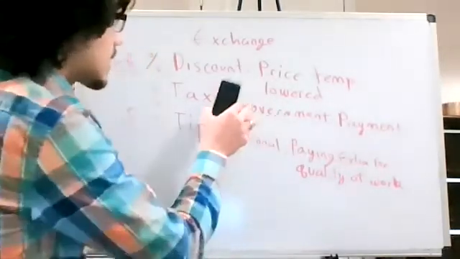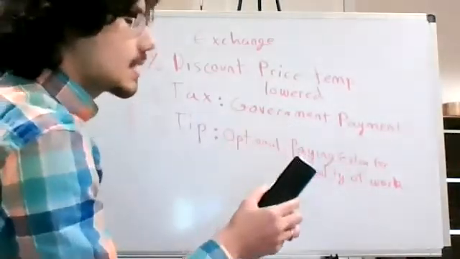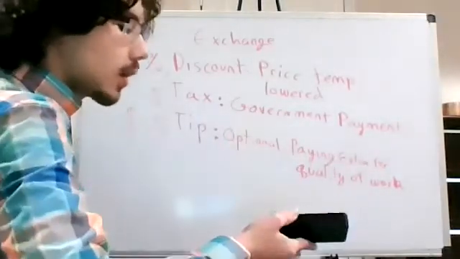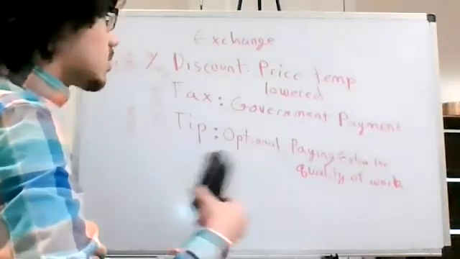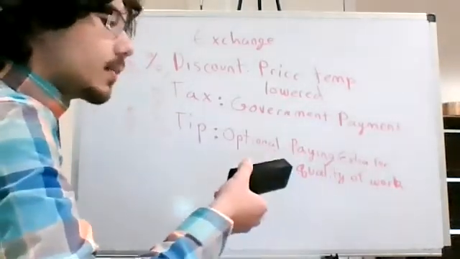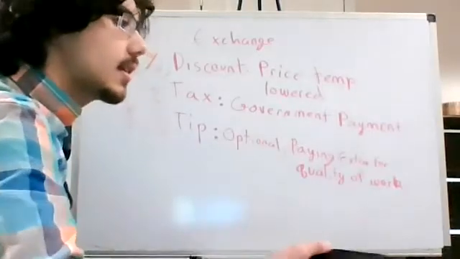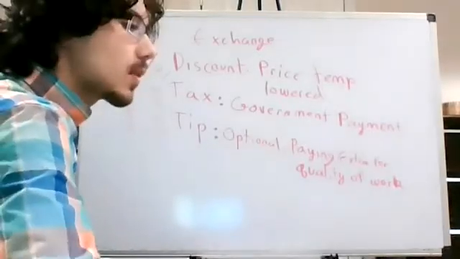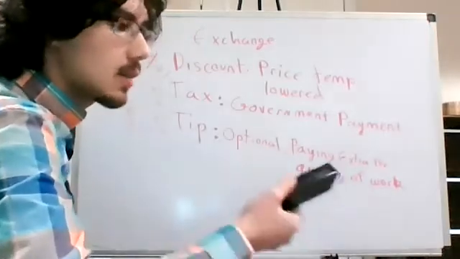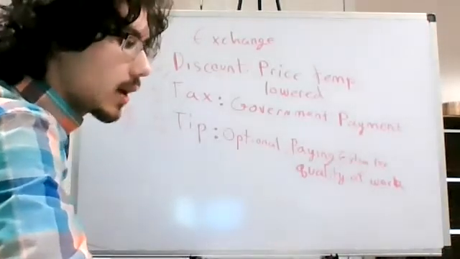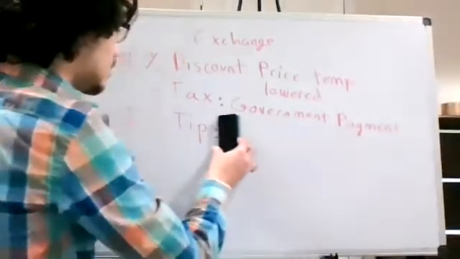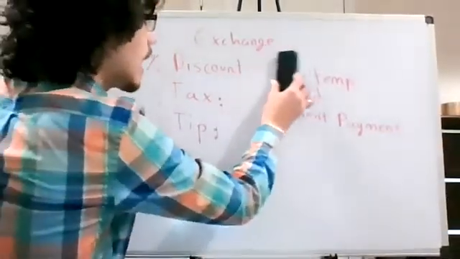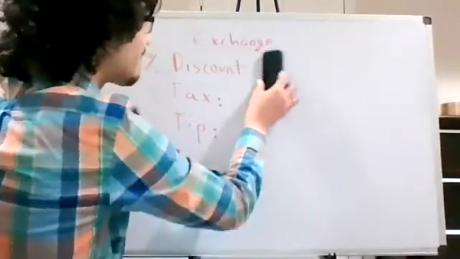So discount would refer to things like when we go to the store and when we are at restaurants. Tax would apply to everything that we spend money on, and tips would apply to when we go to restaurants and we get certain services where certain people might be paid less. So we'll go over how we apply.